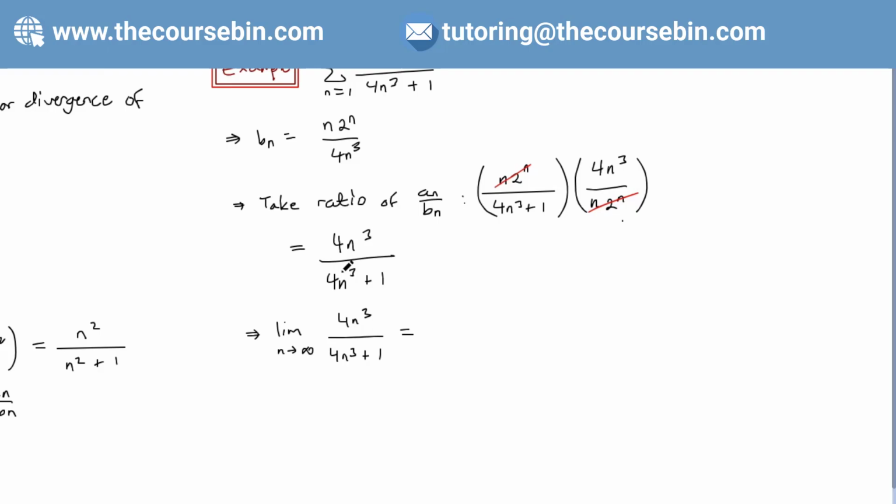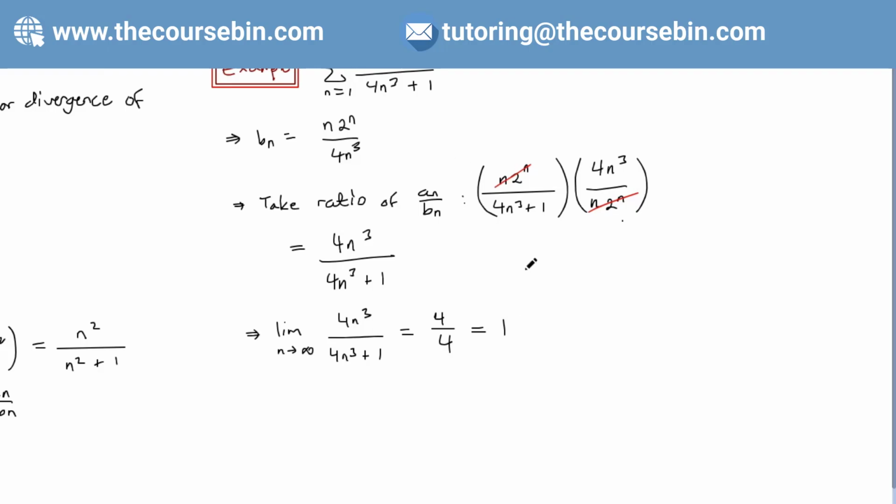No, that's indeterminate. Would we get an indeterminate number out of this? No, because we have a polynomial over another polynomial. Oh, okay, that makes sense. So we take the ratio of the leading coefficients. It's 4 over 4, which is equal to 1.